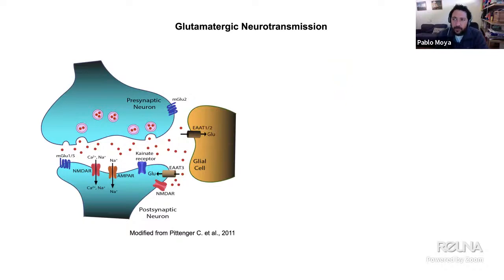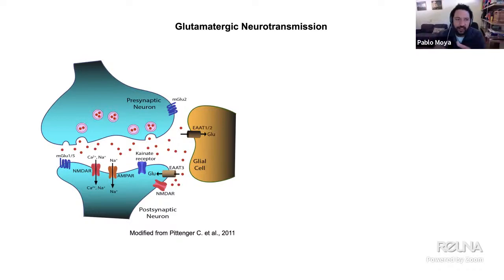This talk is going to focus on one of the neurotransmitter hypotheses that appears in several pathologies, which is glutamatergic transmission. We know the historic contribution of the serotonin and dopaminergic hypotheses, but here we focus on glutamate.